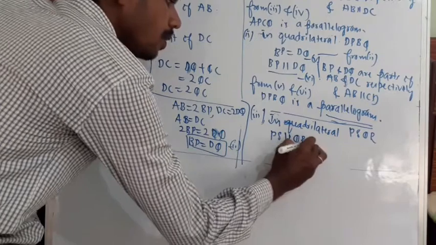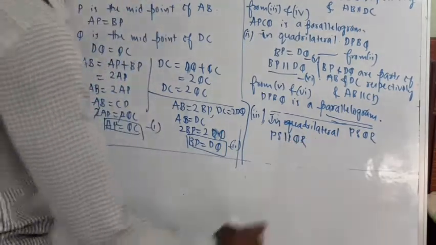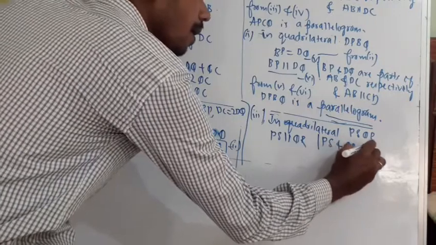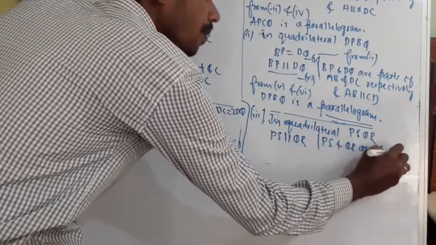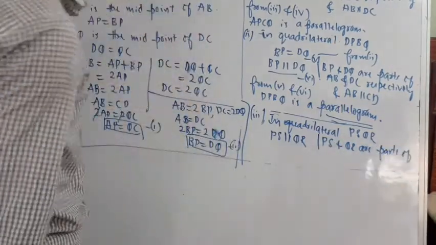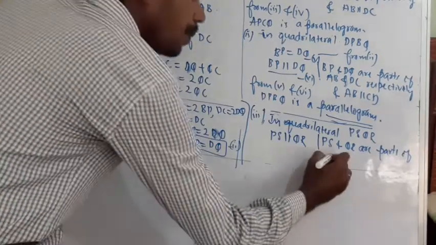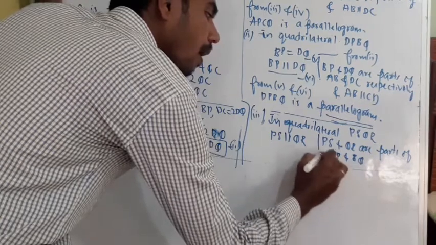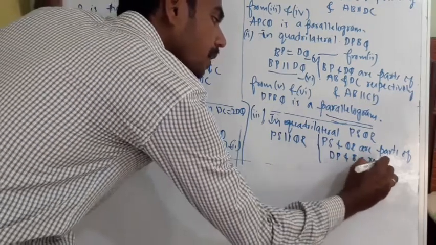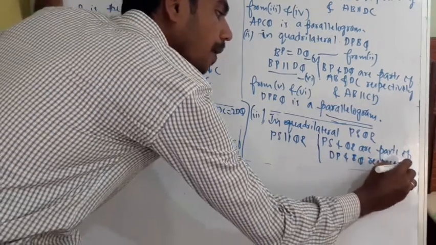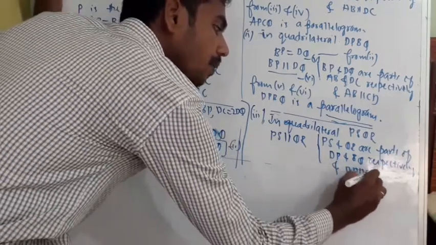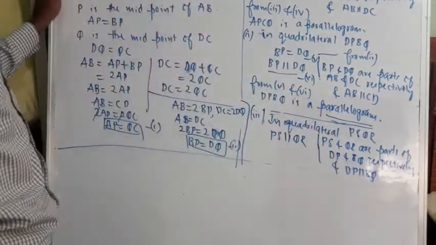Both PS and QR are parts of DP and BQ respectively, and DP is parallel to BQ. That is the reason PS is parallel to QR.